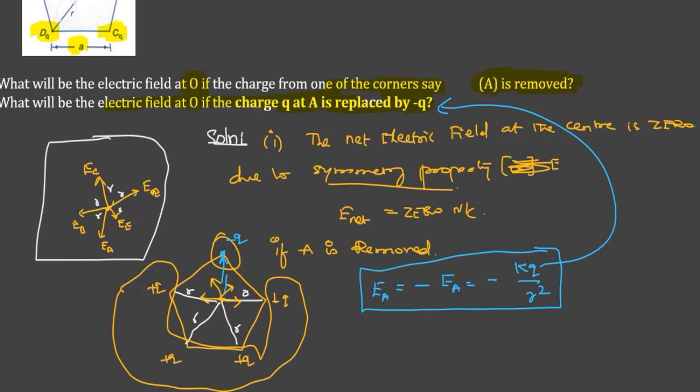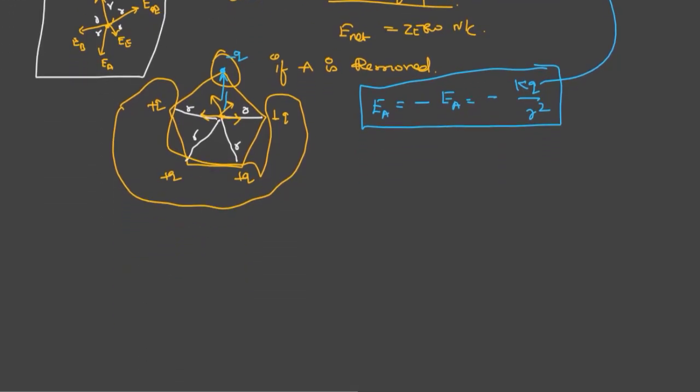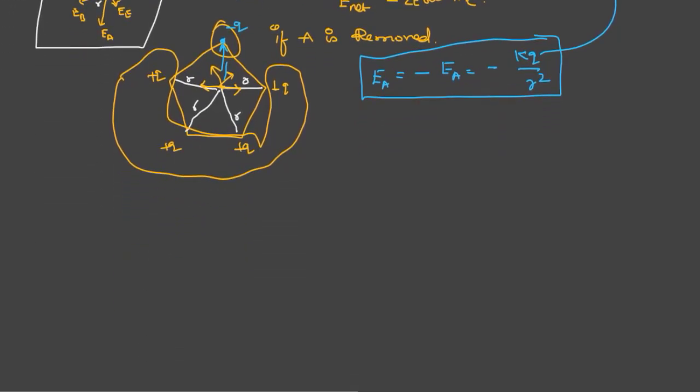They are asking, if the charge q at A is replaced by minus q, what is it? So initially A is removed, here plus Q, here plus Q, here plus Q, here plus Q is there. Now they have taken minus Q.